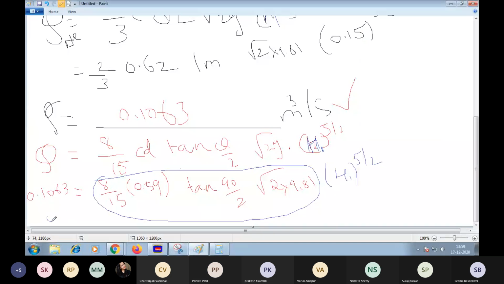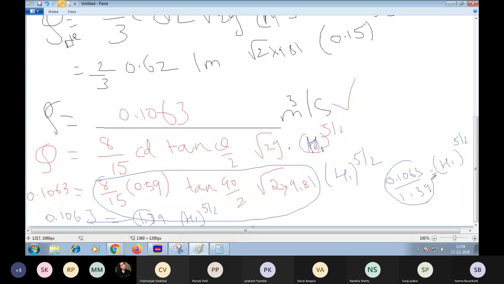Okay, this is 0.1063 equal to, what was the answer, 1.39 into h1 raised to 5 divided by 2. So now take this to the denominator: 0.1063 divided by 1.39 equal to h1 raised to 5 divided by 2.